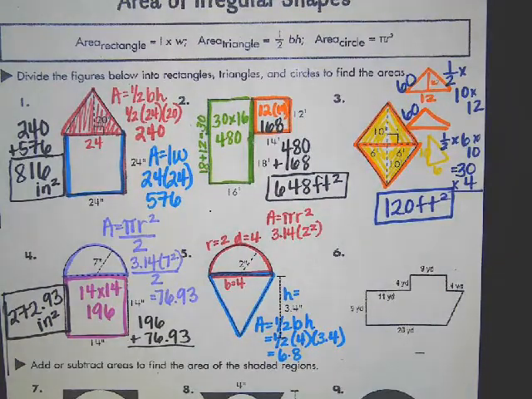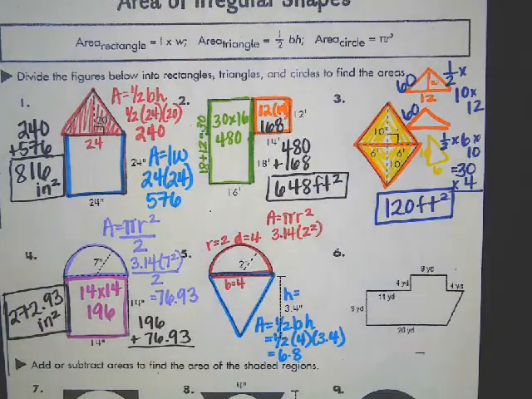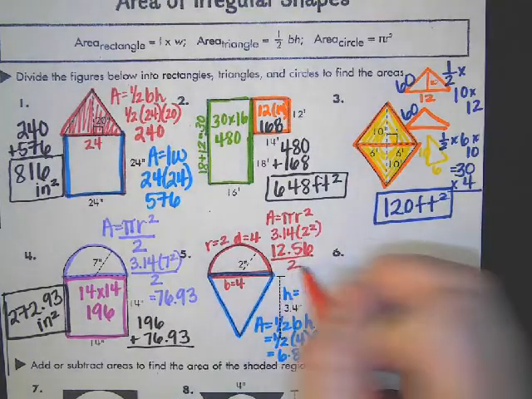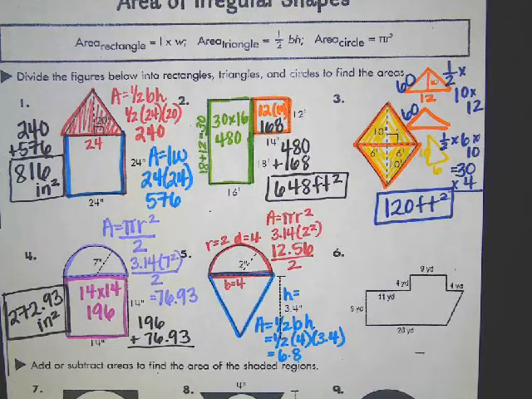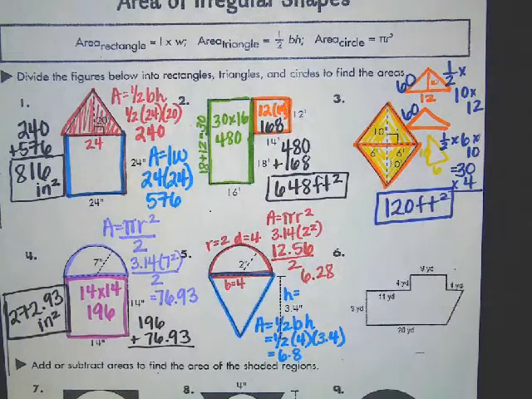So 4 times 3.14 gives us 12.56. Now don't forget that this is half a circle, so I do need to divide this by 2. In your calculator, when you do 12.56 divided by 2, you get 6.28.